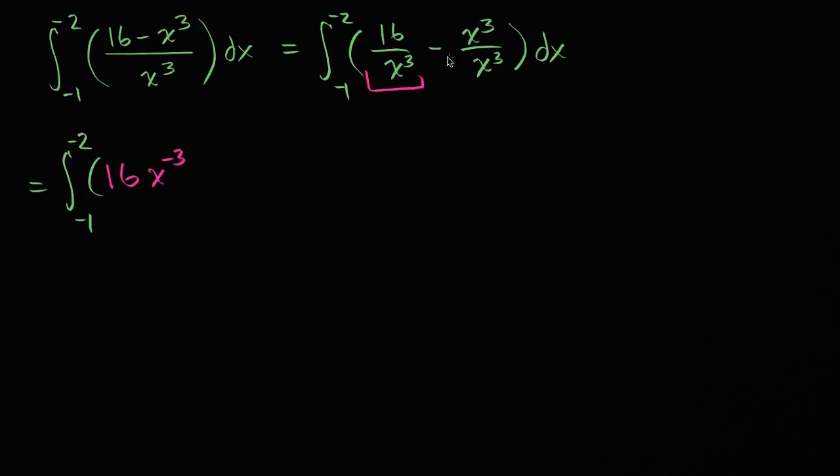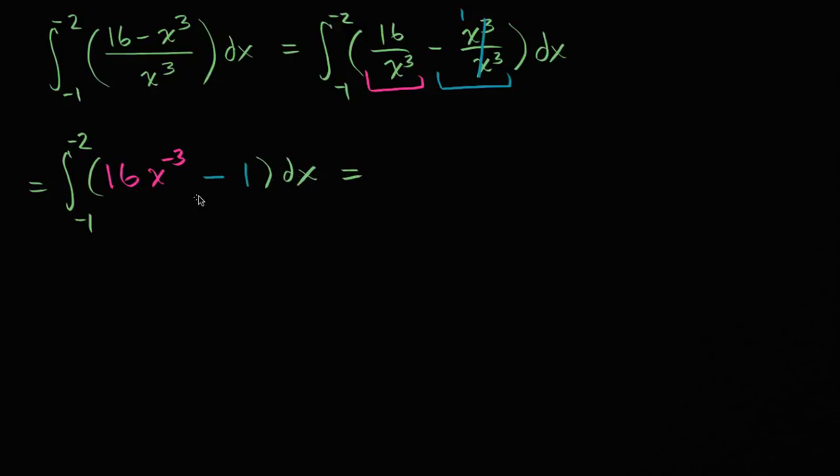And this second one, we have minus x^3 over x^3. Well, x^3 over x^3 is just going to be equal to 1. So this is going to be minus 1 dx.